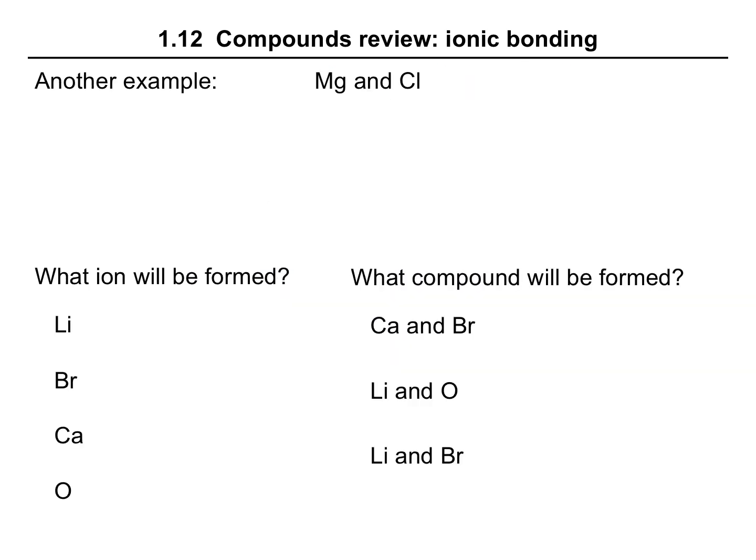Let's take a look at another example. What if we're thinking about an ionic compound between magnesium and chloride? Well, magnesium has the electron configuration 1s2, 2s2, 2p6, 3s2. So to become like a noble gas, magnesium has to lose 2 electrons, so it will form a magnesium 2+ cation.